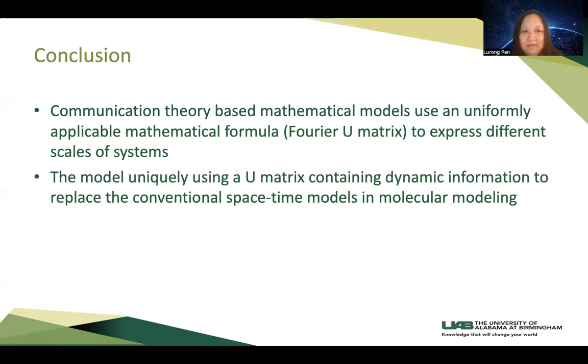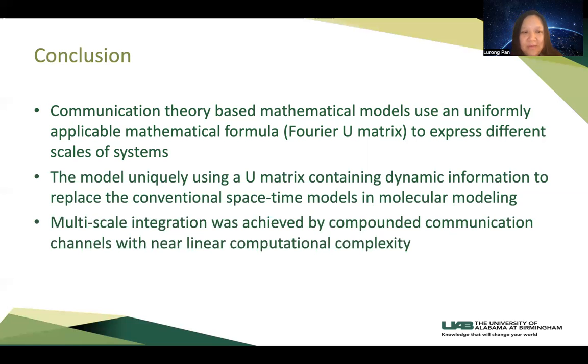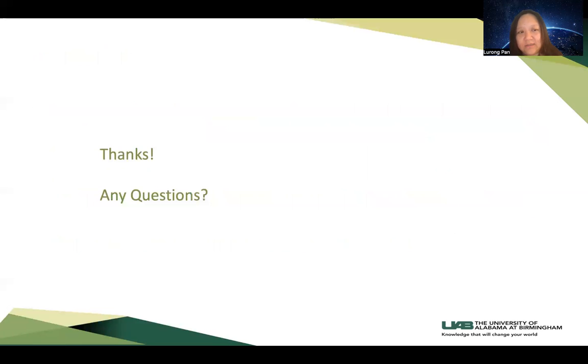And the U matrix contains dynamic information to replace the conventional space-time model, so that you don't have to separately calculate the terms of space and time and integrate them over time in molecular modeling. So this is more dynamic and inherently non-stationary. And the multi-scale integration is achieved by the compounded communication channel with near linear computational complexity.